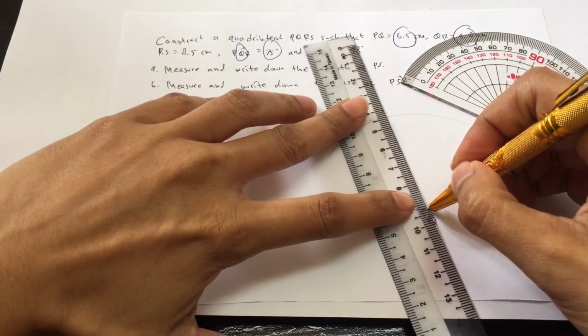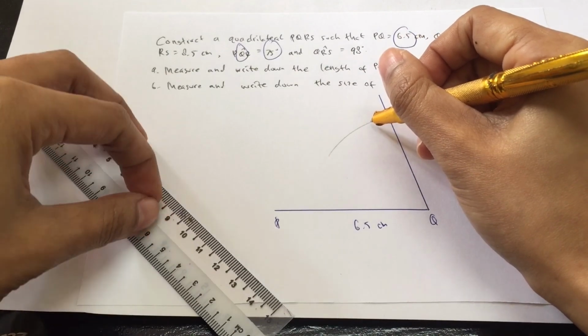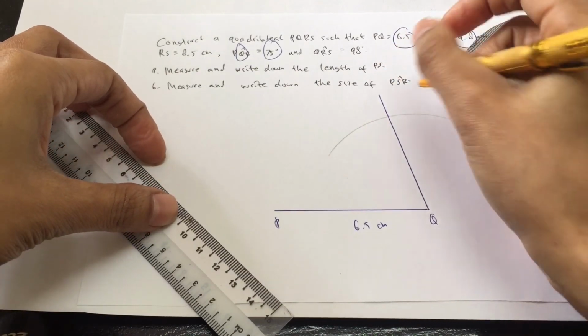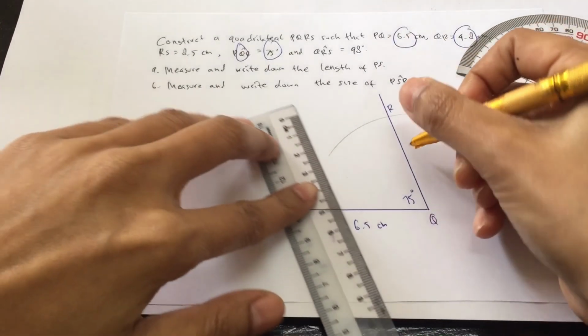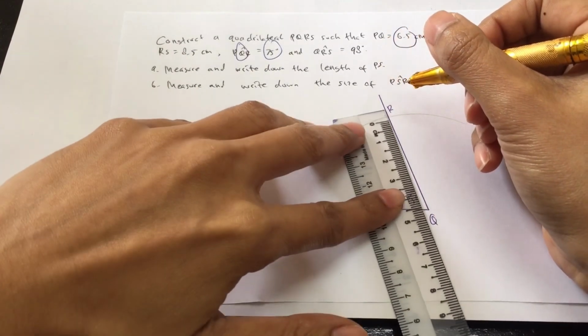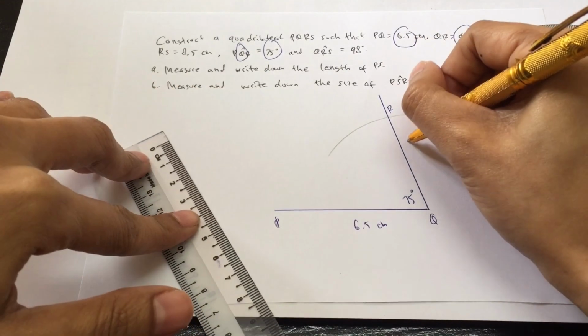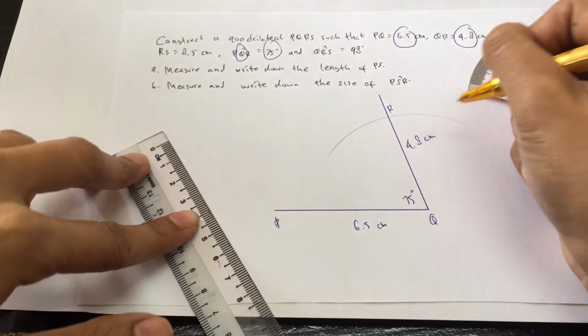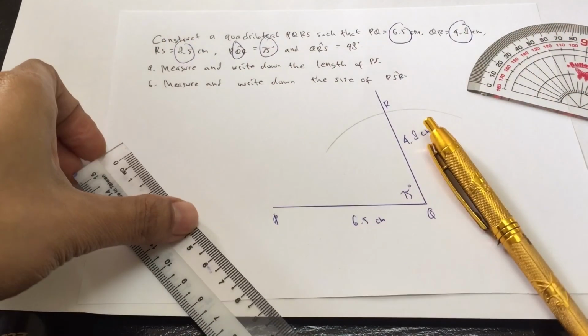Draw the line. The meeting point between the arc and the straight line, label it as R. So QR, this is 4.8 cm.